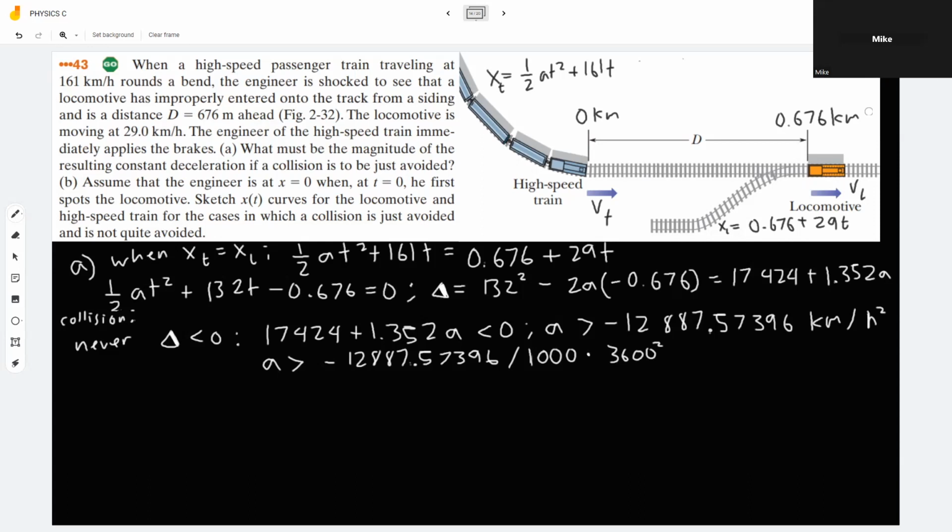What did you get? Something is too wrong. Negative 167.